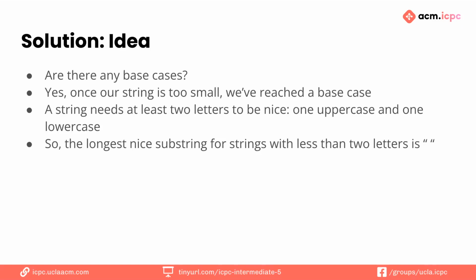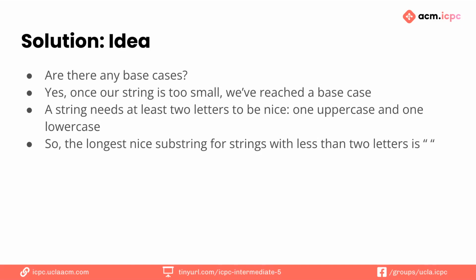And if we have an empty string, there's obviously no substring for that, so we would return the empty string. And if our string is only one letter, we know that string cannot be nice. Can anyone tell me why? If, for example, our string is just a lowercase a, why is that string not nice? Well, in the case I just mentioned, there's a lowercase a, but no uppercase a.